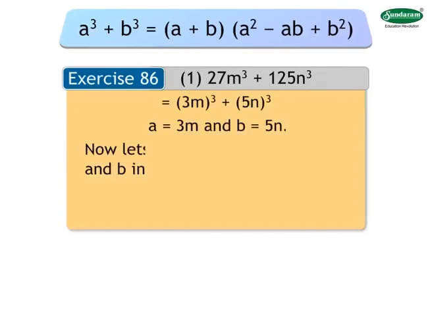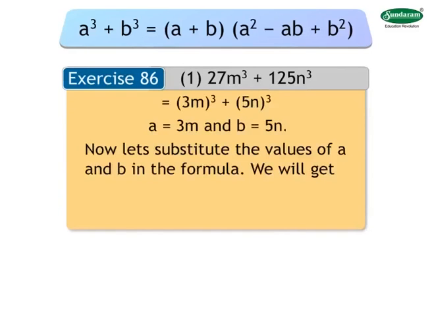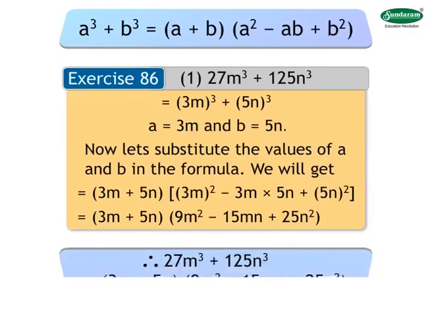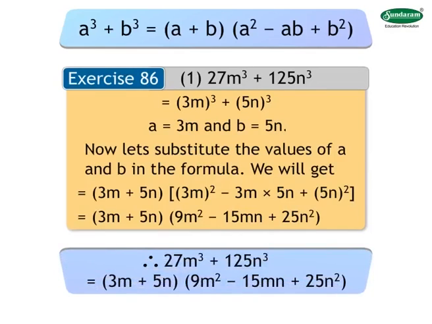Now, substituting the values of a and b in the formula, we get 3m plus 5n in one bracket and 3m the whole square minus 3m into 5n plus 5n the whole square in other bracket, which is equal to 3m plus 5n in one bracket and 9m square minus 15mn plus 25n square in other bracket.